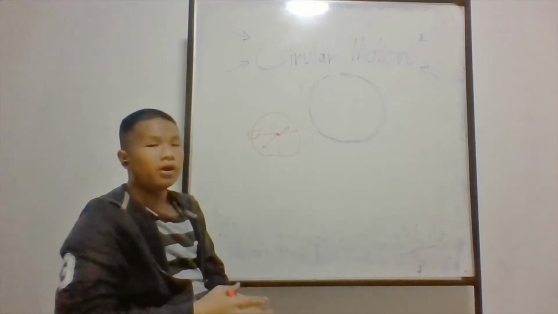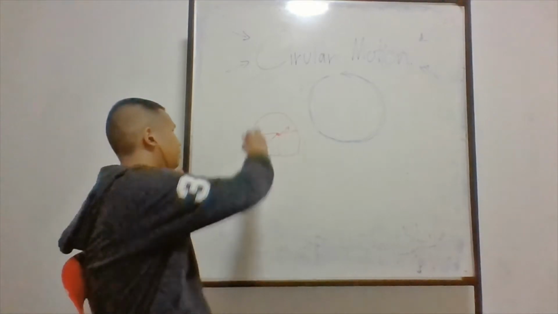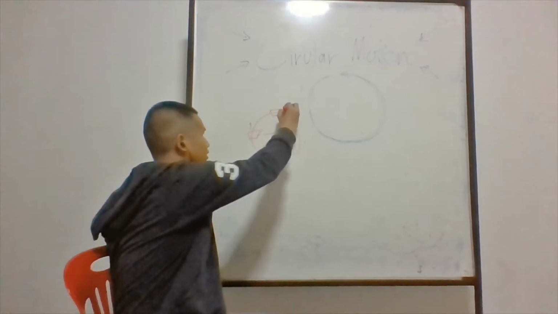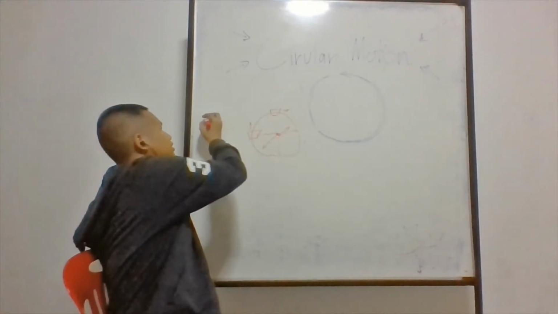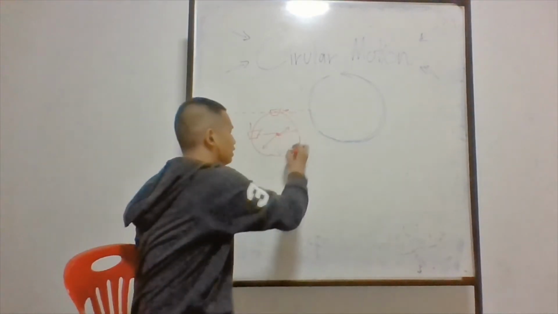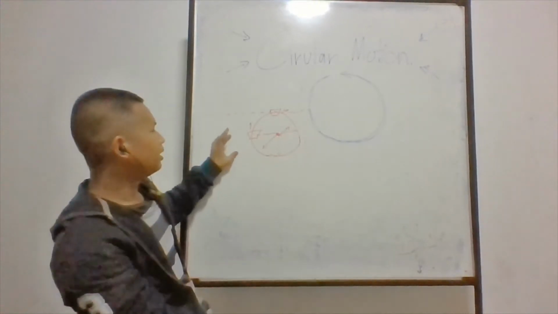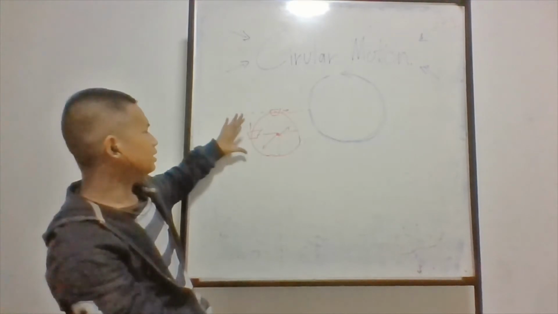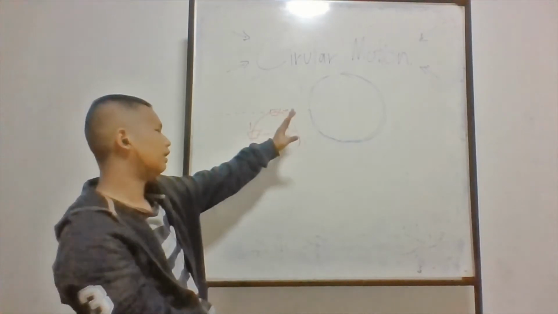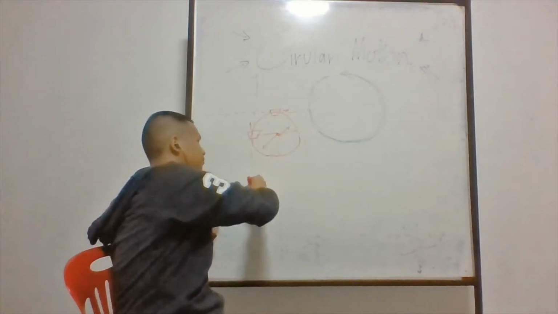Now we are going to talk about the tangential speed. The tangential speed is the speed that keeps the car going in a straight line. We have something called the tangential speed line, that depends on where the car is on the circle, so the line is different if it is at another position on the circle.